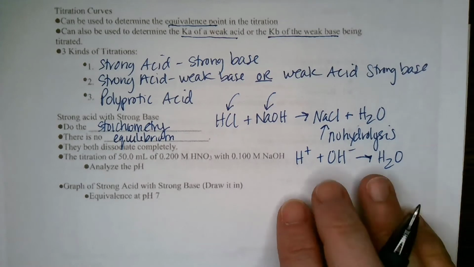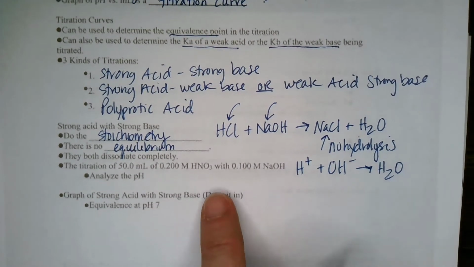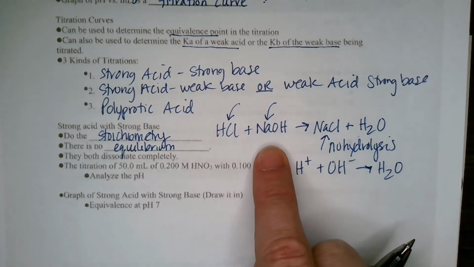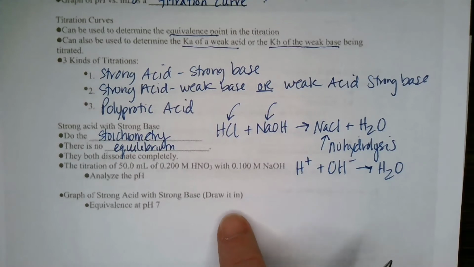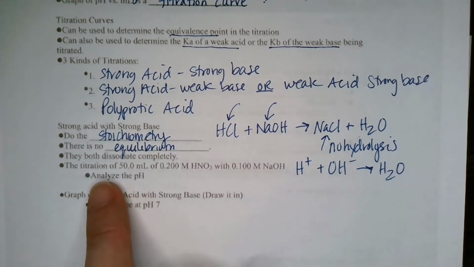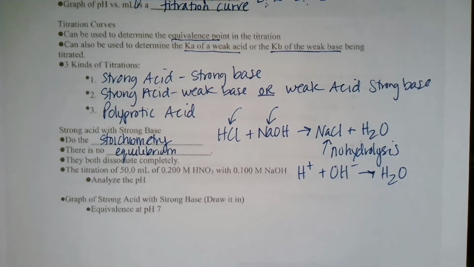And so what controls the pH is the extra, whether it's HCl or NaOH, that is continued to be added to the reaction after they have reached their equivalence point.